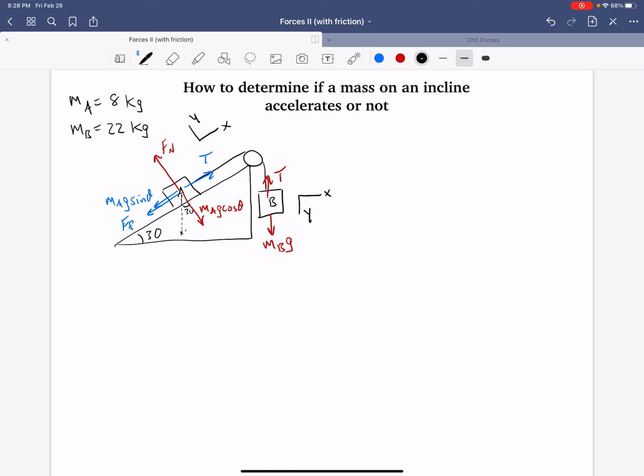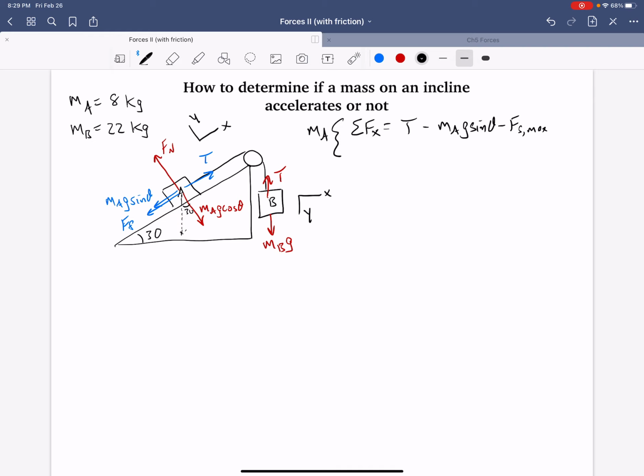So now is the time to write out the second law equations. Let me do that up here. So for mass A, we have the following. Sum of the forces in the X direction. Our X direction positive is tension, and then minus MAG sine theta, minus, now I'm going to write it's the Fs max.